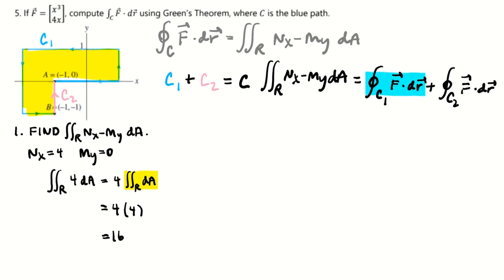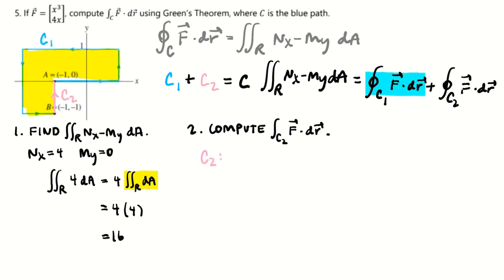Okay. And then my second step is going to be to compute the integral over C2 of f dot dr. Now I'm going to have to parameterize C2. It looks like that'll be pretty easy.